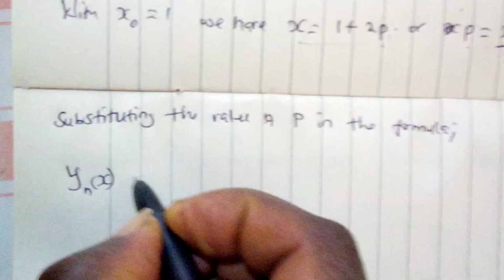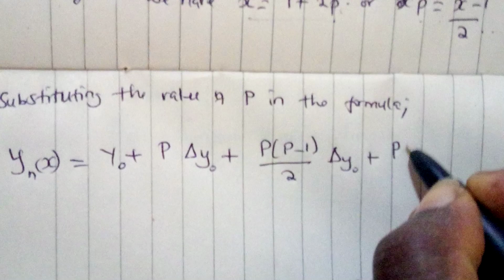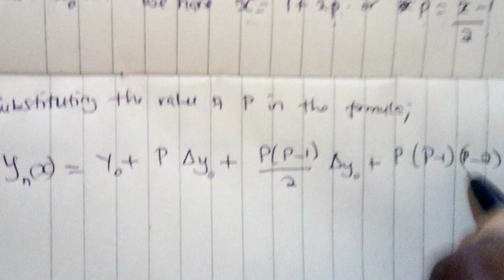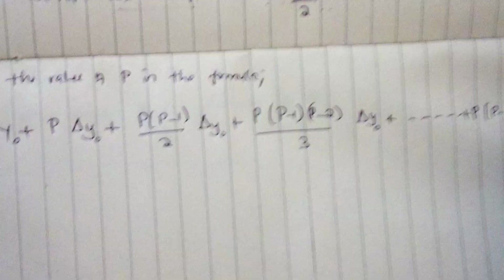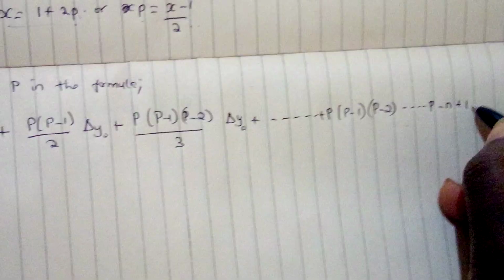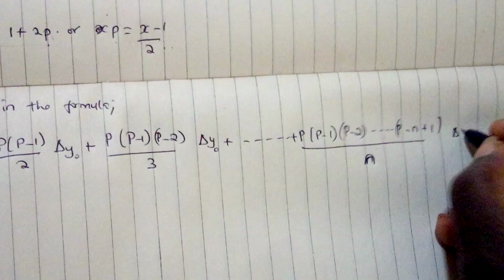The interpolation formula goes by y n x is equals to y naught plus p change in y naught plus p, then p minus 1 divided by 2 change in y naught plus p, then you have p minus 1, p minus 2 divided by 3 change in y naught plus, we have many values there, plus the last one which will be p minus 1, p minus 2, we have many p's, then we have p minus n plus 1, divided by n, so multiplied by change in y naught.